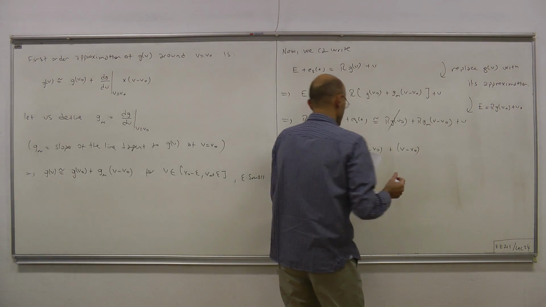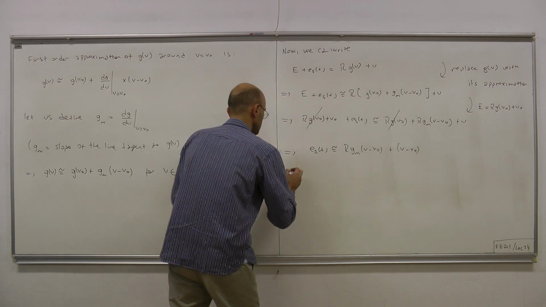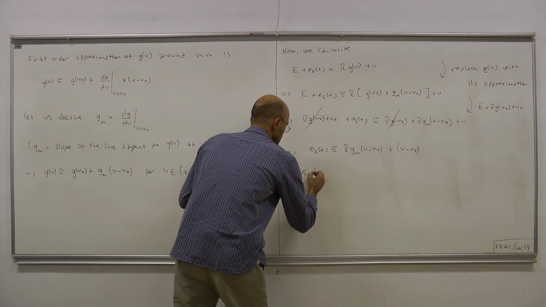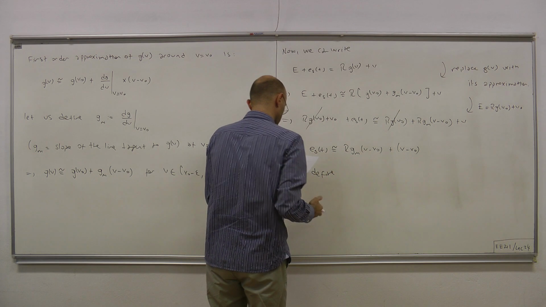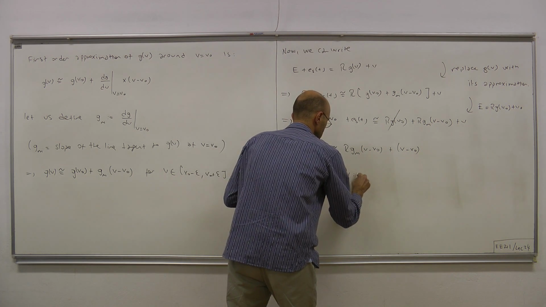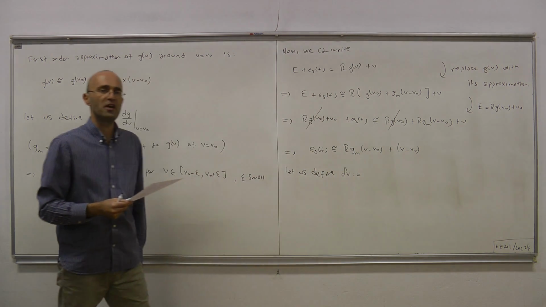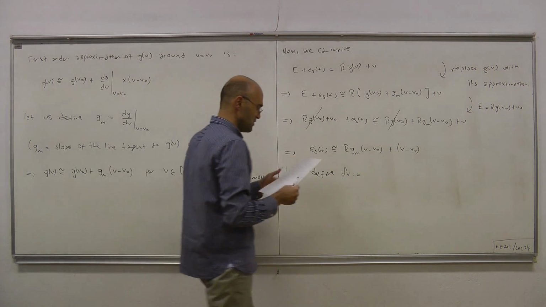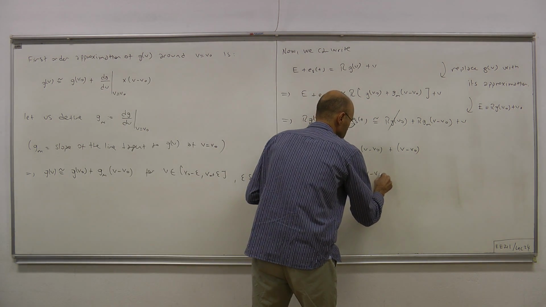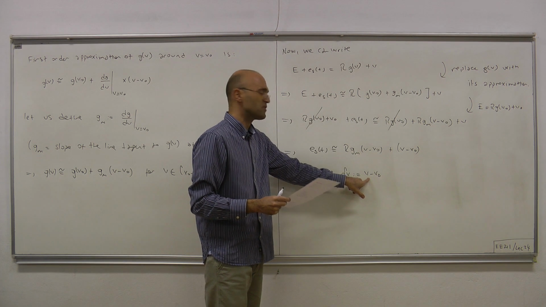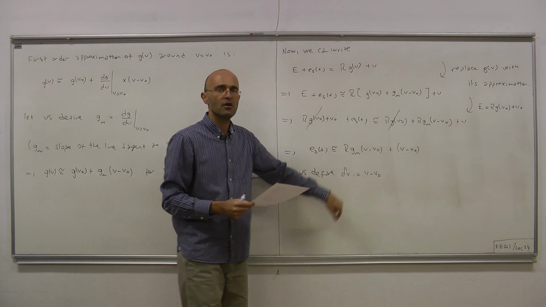Now let us introduce a new notation, delta V, which is the difference between V of t and V0. V0 is fixed and V is time varying, therefore delta V is also time varying.